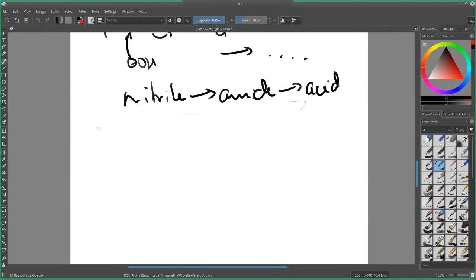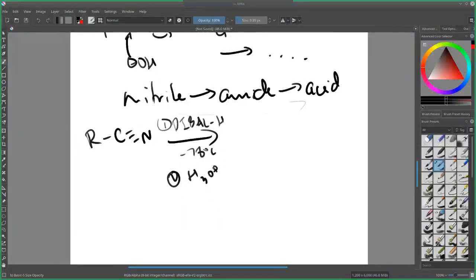All right, and now I'm going to throw in some of the actual new reactions that you've learned. So if you have a nitrile, then one thing you're able to do is to reduce it. So in this case, you use DIBAL-H, and it's got to be real cold. And from there, you could just do acidic workup, which should wind up giving you, let's see, I believe an amide.